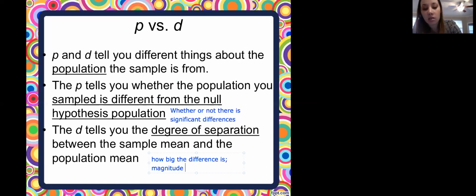One of the biggest ones is sample size. So we'll see that if we have a small sample size, we might get a non-significant result. However, when we run our Cohen's d analysis, we'll see that we have a large difference. So that might tell us that with more people, with a larger sample, we might obtain significance. So these two things kind of work together. They tell us about what's going on.